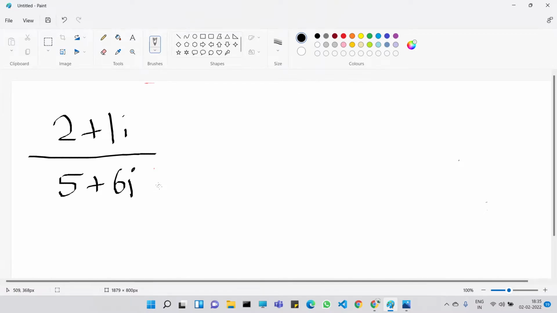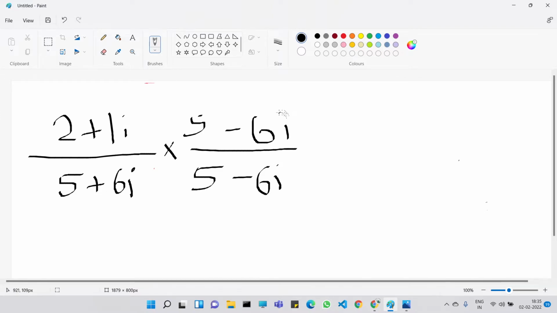So we cannot divide a complex number with another complex number directly. In order to do that, first we need to remove the i part. So for that we need to multiply it with the complex conjugate of this number. So this is going to be 5 minus 6i and 5 minus 6i.